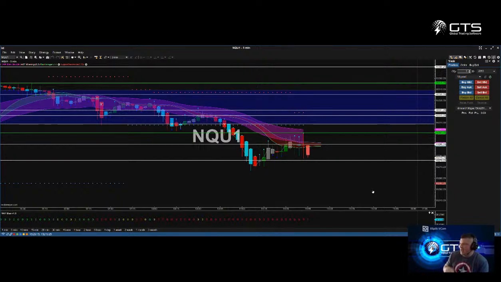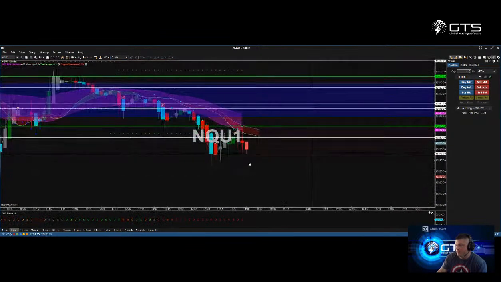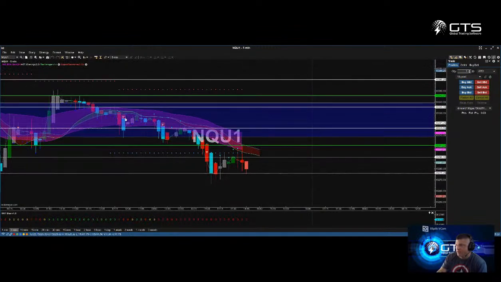I probably will not be taking a trade in this right here, because, well, it broke through. It broke through right there. Let's look at the 5. All right, so the 5 is still an active 6-star right here. 5, 6-star, boom. So the bounce.